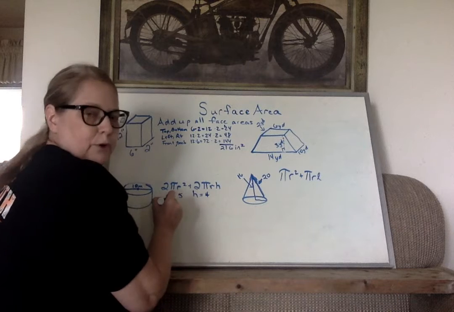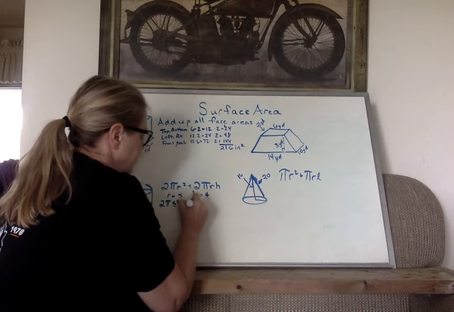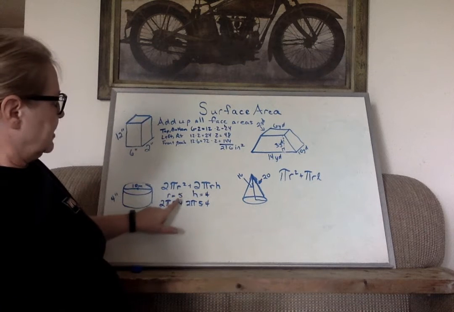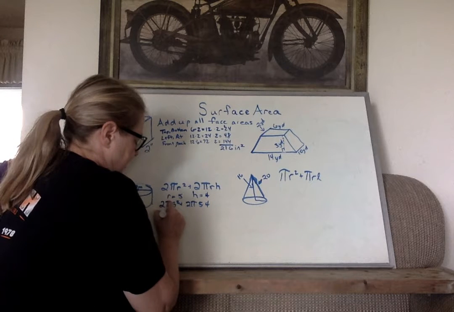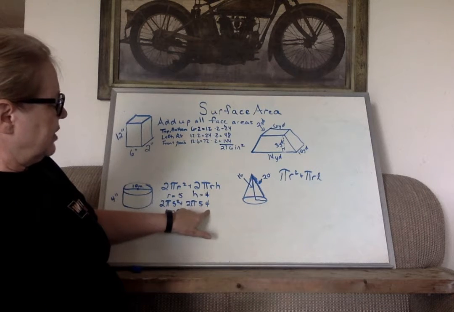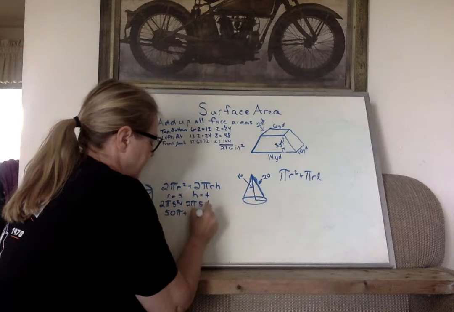Okay, so then you fill in the formula. 2 pi 5 squared plus 2 pi 5 times 4. 5 squared is 25. 25 times 2, this is 50 pi. 5 times 4 is 20. 20 times 2, 40 pi.